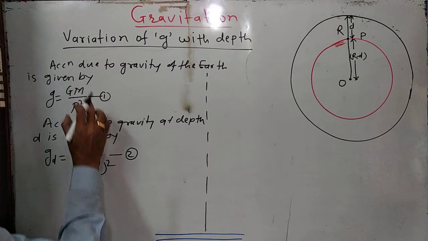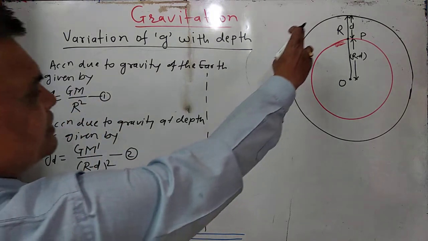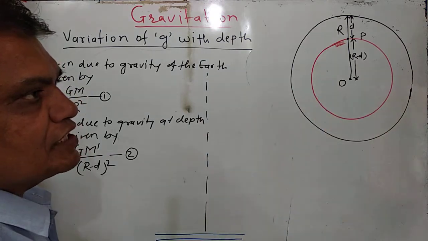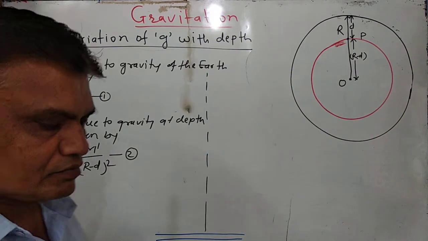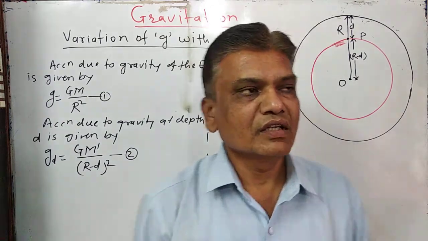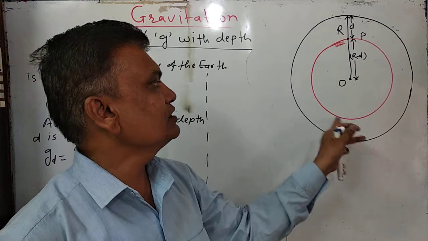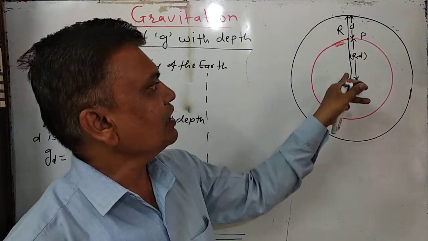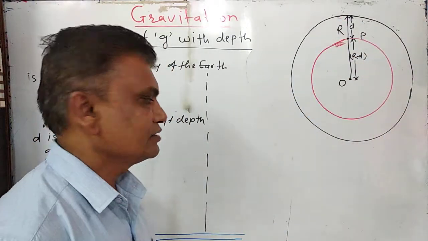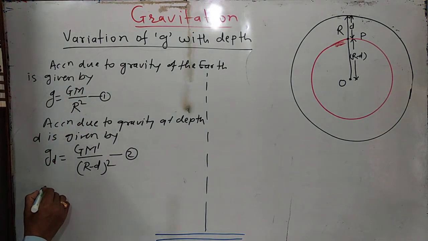Now we will find out m dash. The earth is assumed to be a sphere made of a large number of concentric uniform spherical shells, and R minus d is the radius of this red shell, and R is the radius of earth. So here first find out the mass of earth.